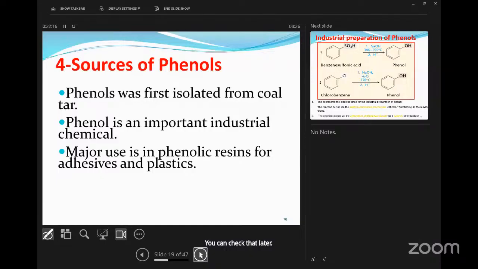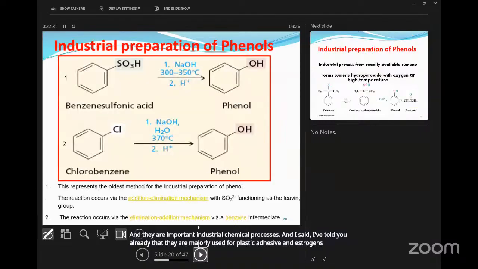Phenols were first isolated from coal tar, and they are important in industrial chemical processes. As I've told you already, they are majorly used for plastics, adhesives, astringents, and many others, even in pharmaceutical processes. And this is the preparation. Industrial preparation is from benzene sulfonic acid in the presence of sodium hydroxide at a very high temperature, and you get your phenol.